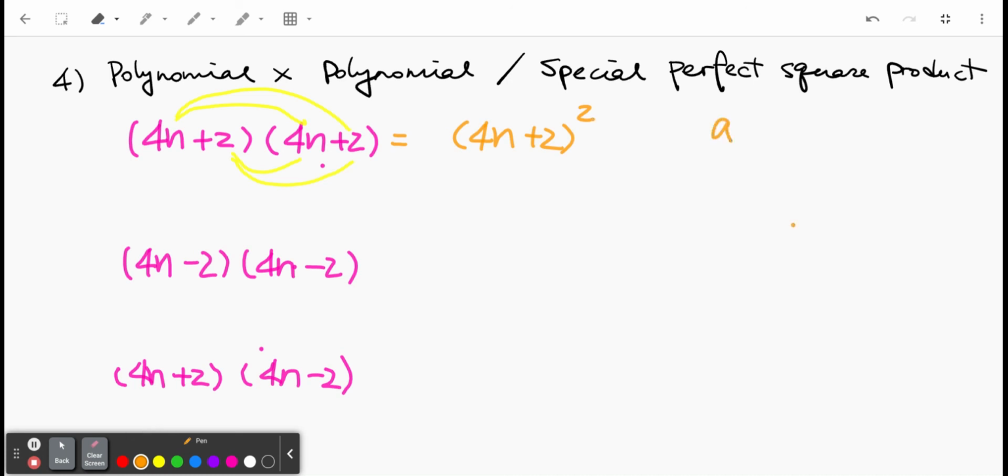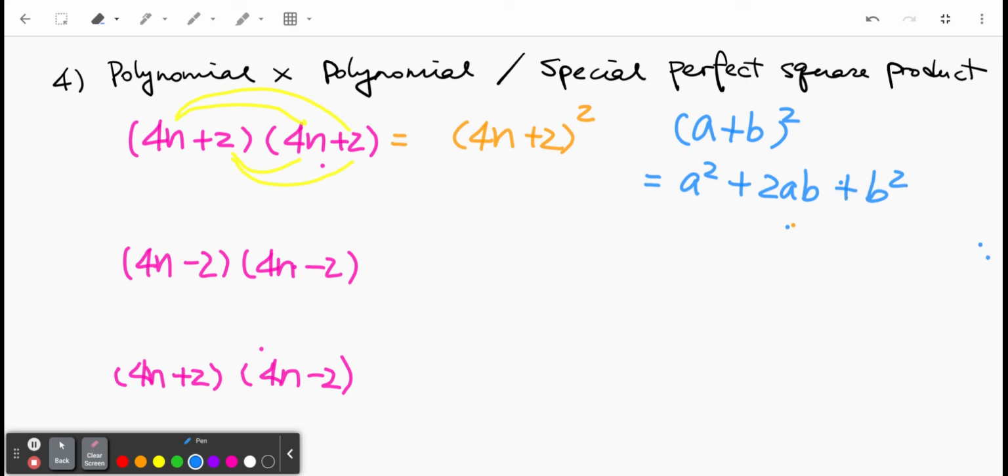It has a format looking like a plus b squared. So a plus b squared is equal to a squared plus 2ab plus b squared.